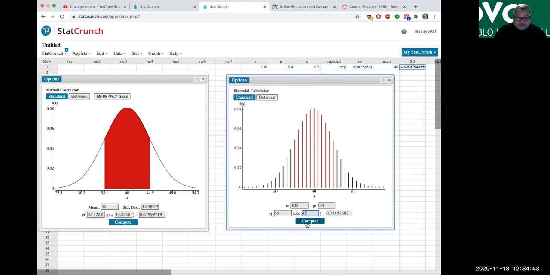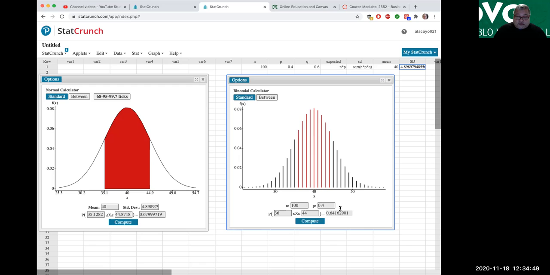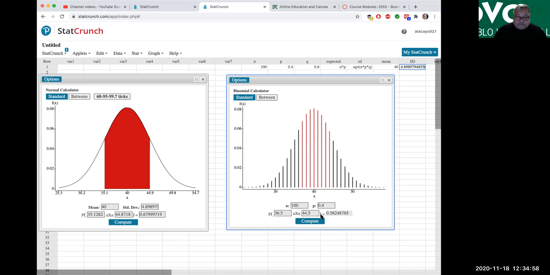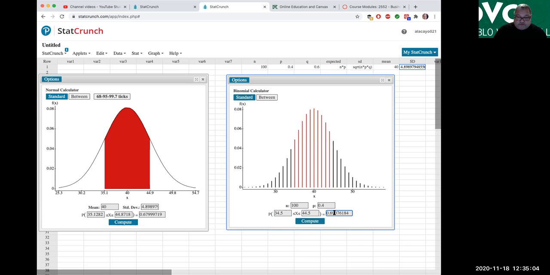It's not roughly 68%, so I'm going to go 44 to 36. And that's a little below 68%, so 44.5 to 34.5 will give me roughly 68% of the curve in the red bars.